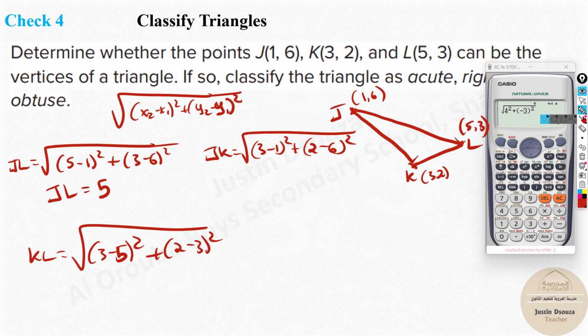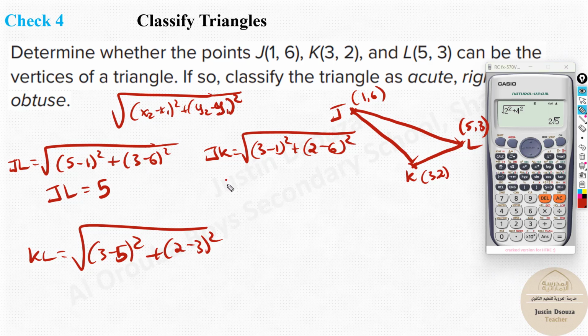What about the next one? Here, it'll be square root of 3 minus 1 is 2 squared plus 2 minus 4 is minus 4 the whole square. Whenever you square, the negative sign will be positive. So, to save time, I'm going to write just this, but anyway, I'll write it over here first.